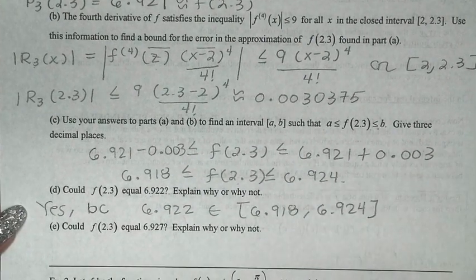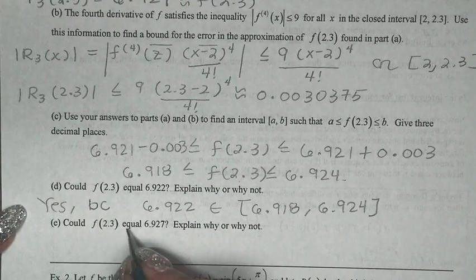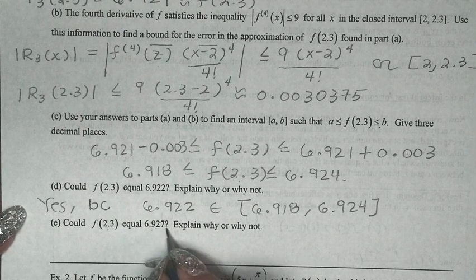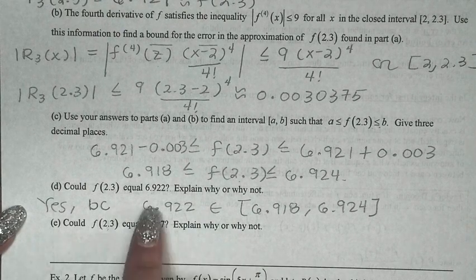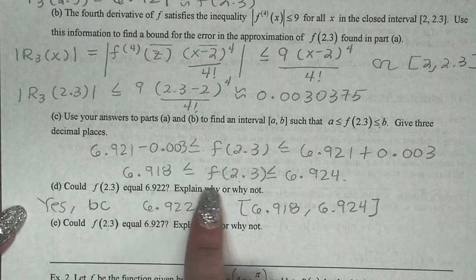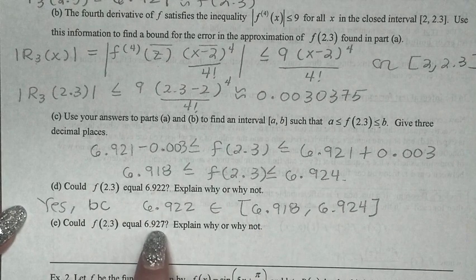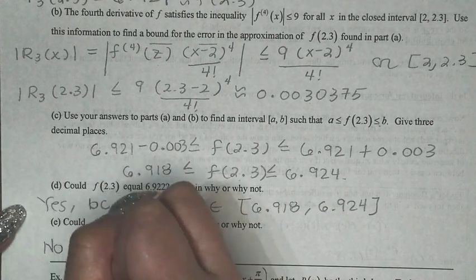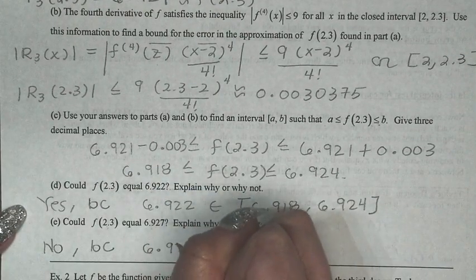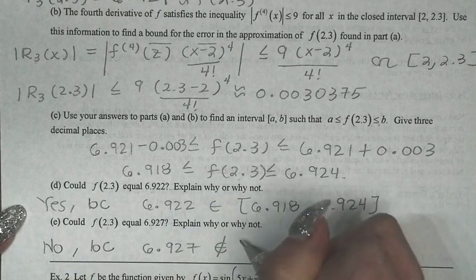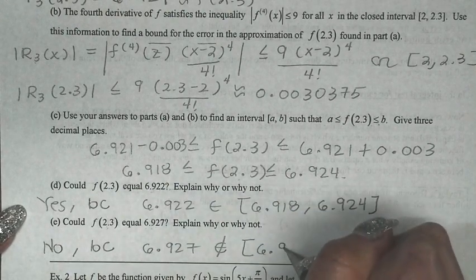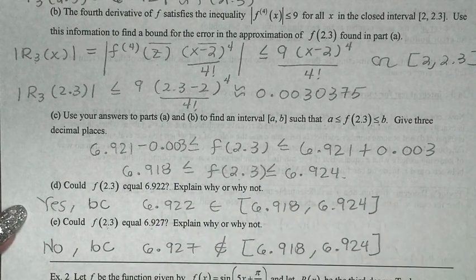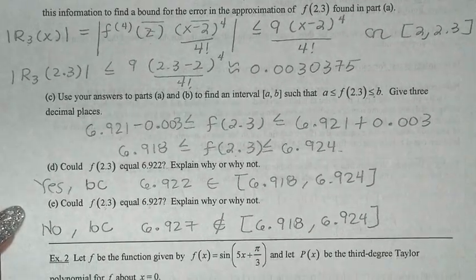Okay, in the same way you can see that, can f of 2.3 be equal to 6.927? And you are like, okay, so far so good, but this is too big. Since this is too big, it's a big no, because 6.927 does not belong to the interval 6.918, 6.924. Okay, so that's for this problem.